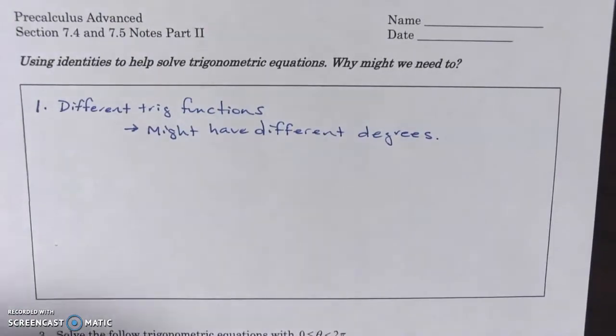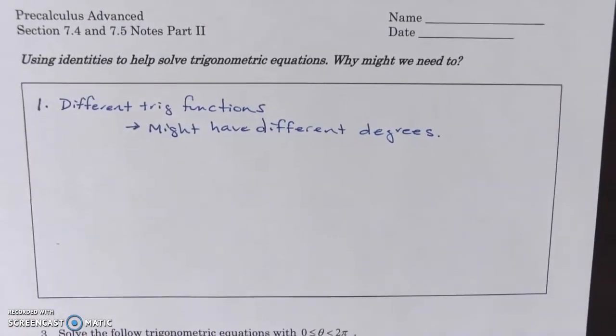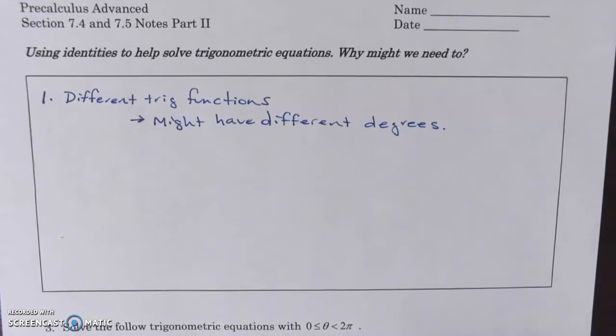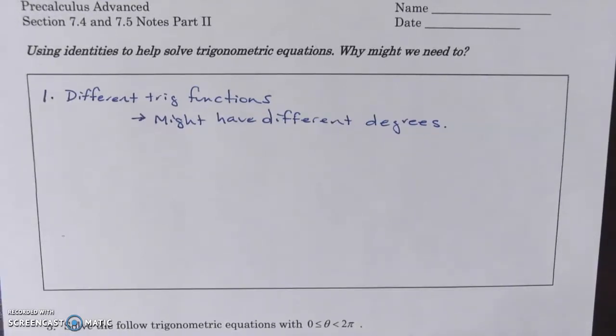If you remember back in our first video, we had a problem where we had a cosine and then a cosine tangent. Those had different trig functions. However, we were able to factor. They all had the same degree. We were able to get everything on one side and factor out a GCF. We didn't need to use an identity for something like that.